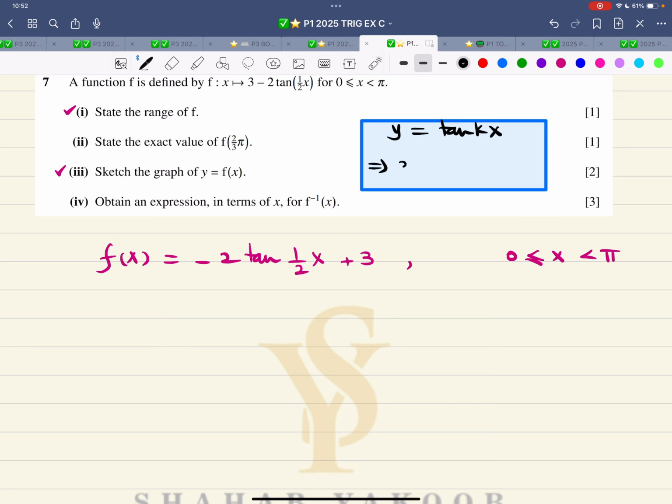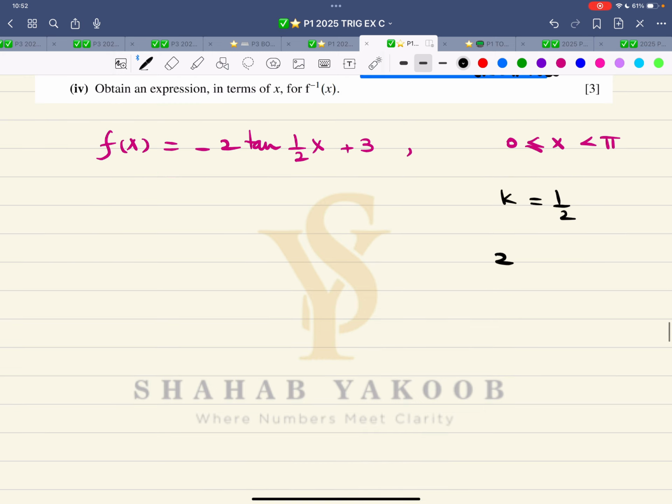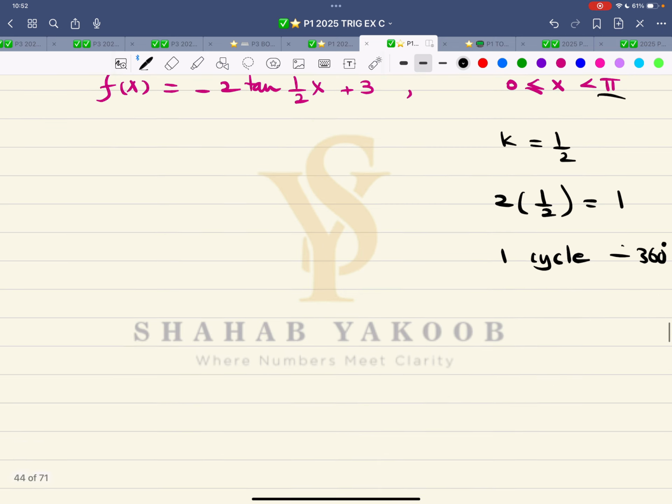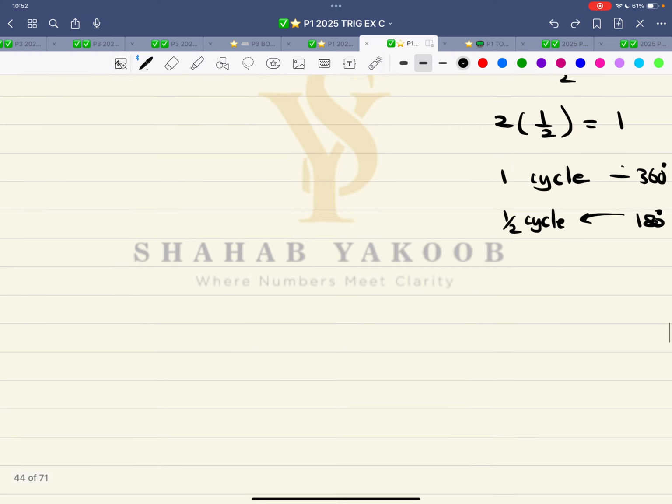The rule is 2k cycles in 360 degrees or 2 pi radians. Now what is the value of k over here? That is half, the coefficient of x. So 2 into half comes out to be 1. Therefore 1 cycle in 360 degrees, but we are just drawing till pi, till 180 degrees. So therefore this is half a cycle that needs to be drawn. That is the first thing.